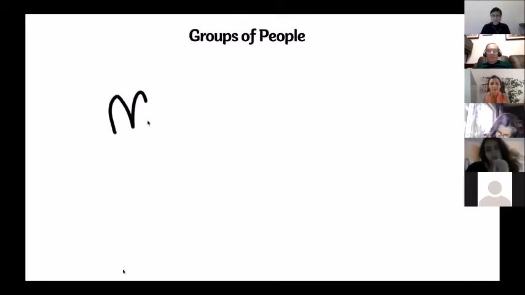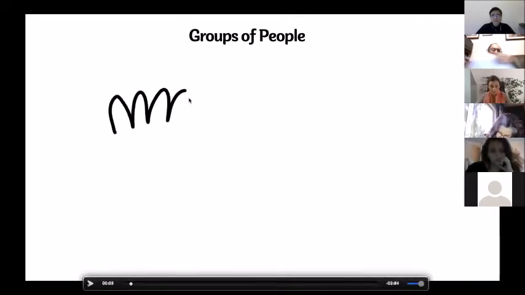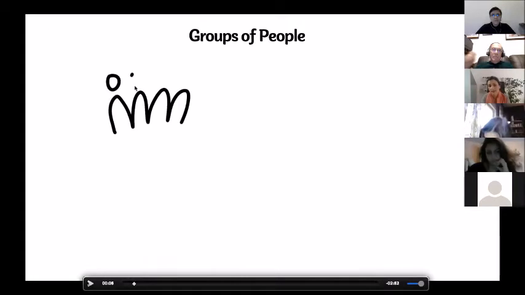Sometimes when we need to express, for instance, a story or a process or an important event, we do need also to draw groups of people. The easiest way I know is just this way. And if one cannot get what this actually is, we can just write it down as well.